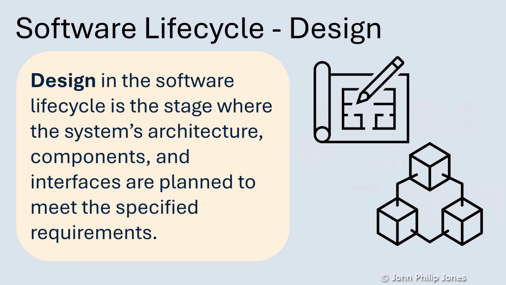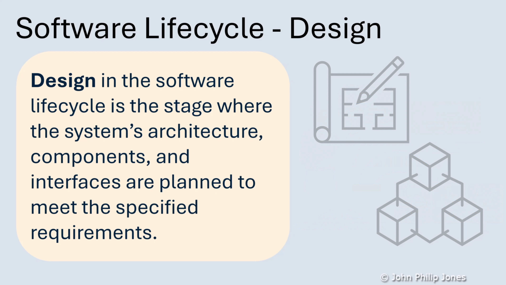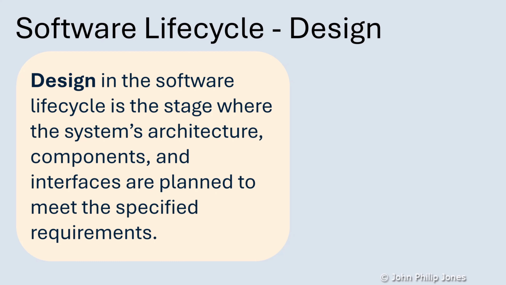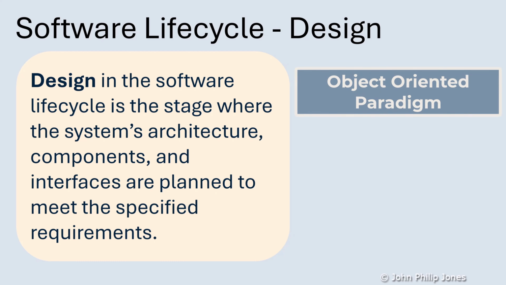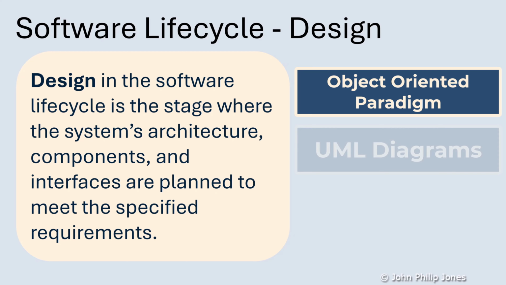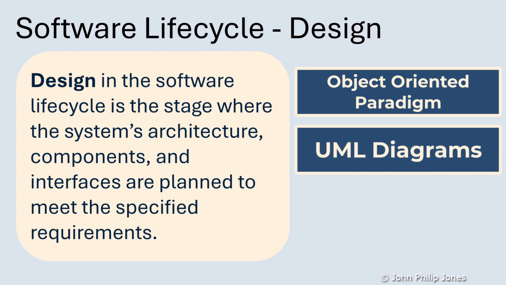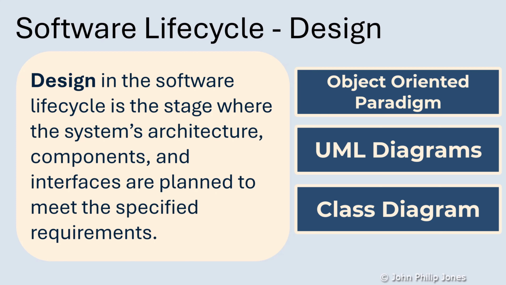The output from the design stage would be artifacts, examples of which, if you were developing in the object-oriented paradigm, would be various UML diagrams, Unified Modeling Language diagrams, examples of which would be a class diagram. But there's much more to design than just producing class diagrams. But a class diagram is something that would typically be given to coders.